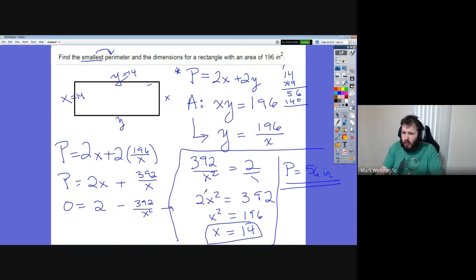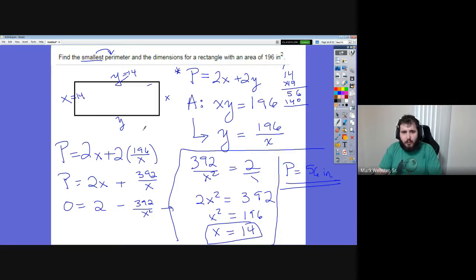Right? So let's go over what we just did, just so that we're all clear. The first thing I did is I wrote down my information. Second, in the function I'm going to minimize, I made sure that there was one variable. I did this by solving for the other one with the other equation. Once I plugged that in, I simplified it, took the derivative with respect to the variable, and solved for the variable here.